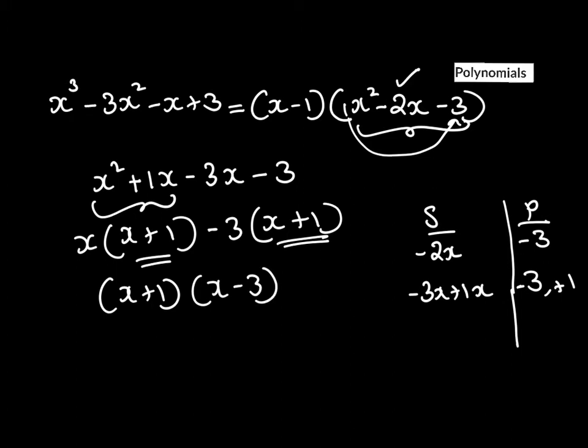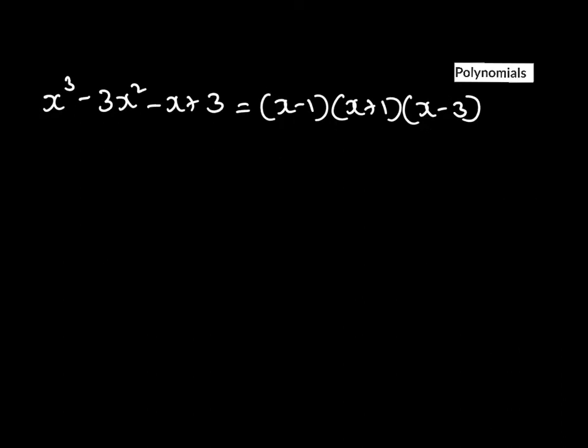So now we can write x cubed minus 3x squared minus x plus 3 as 3 factors: x minus 1, x plus 1 and x minus 3.